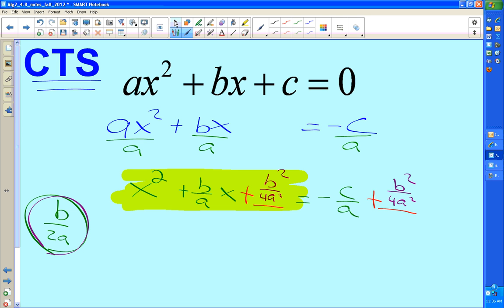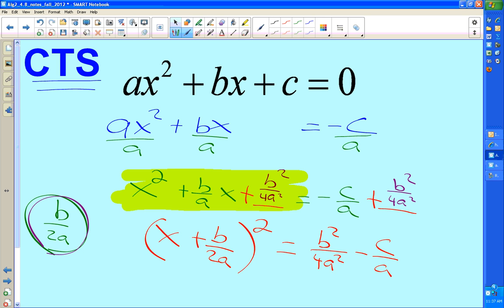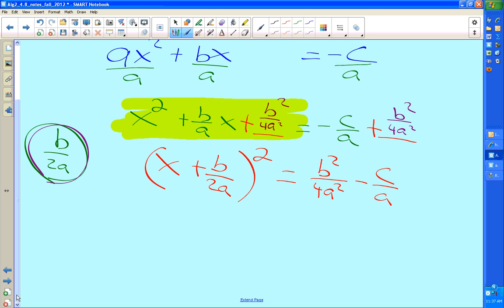It's going to factor to x plus b over 2a, quantity squared, is equal to, and I'm just going to change the order on the right-hand side, b squared over 4a squared first, minus c over a. On the right-hand side, I'm going to get a common denominator.